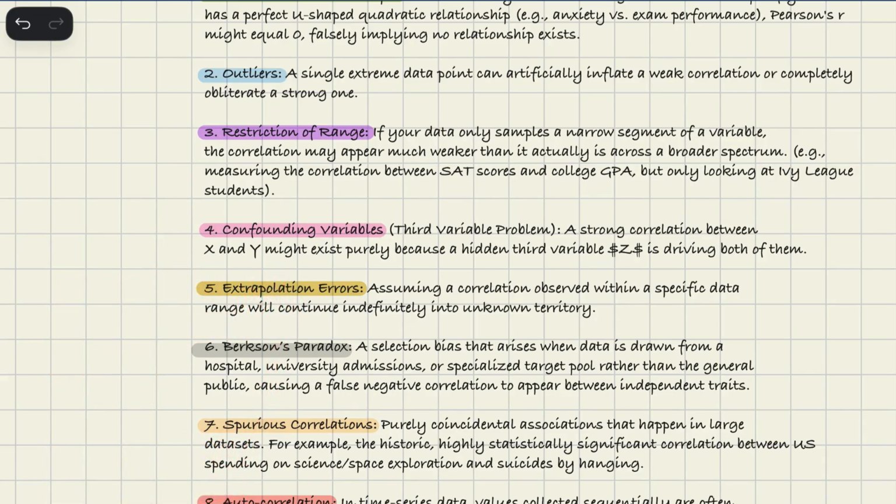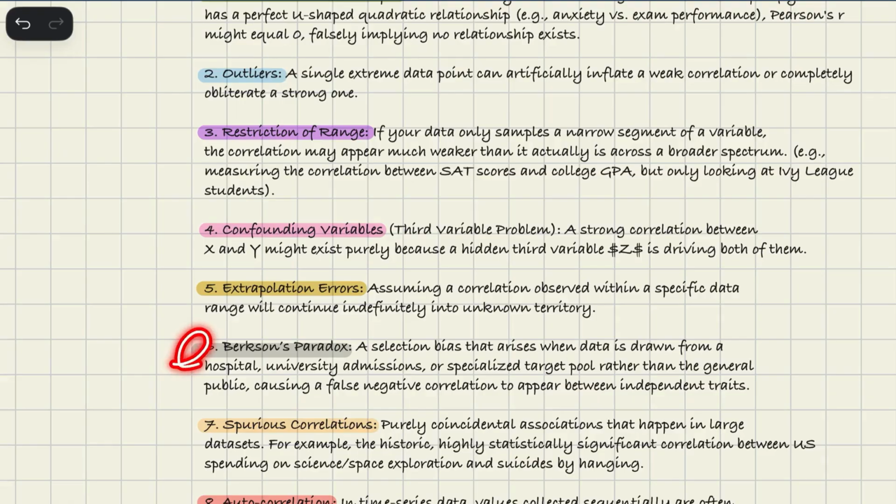So this is the extrapolation error, where we are assume that a correlation observed within the specific data will continue into unknown territory, that if we spend more then it will lead to more market growth. That is not how a correlation works, right?